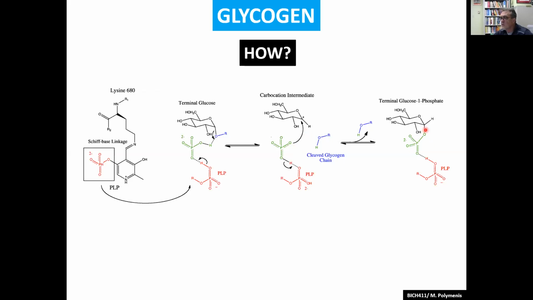And what you end up with is a phosphorylated glucose molecule at the 1 position, and of course a cleaved glycogen chain which has one less glucose than what you started with. So phosphorylase is a PLP dependent enzyme, and the role of PLP here is not what we had seen in aminotransferases. It's really to help put the attacking phosphate at the right place.